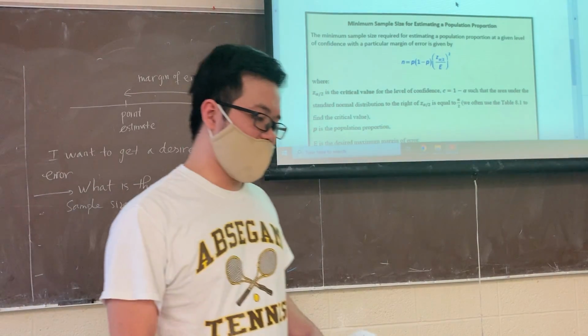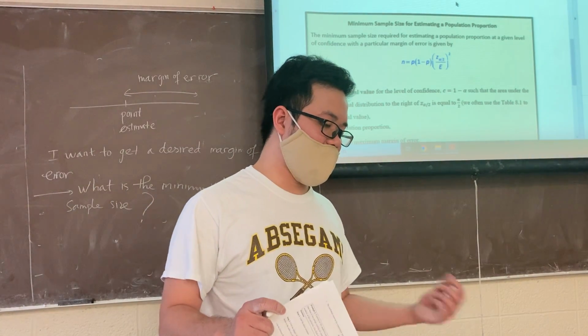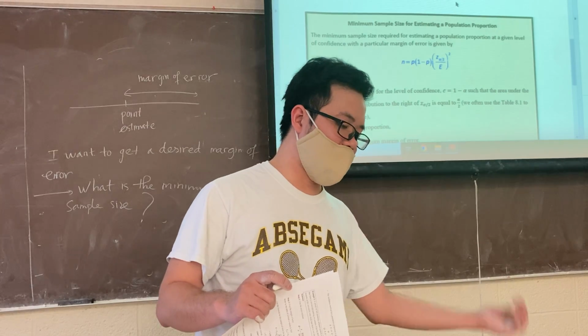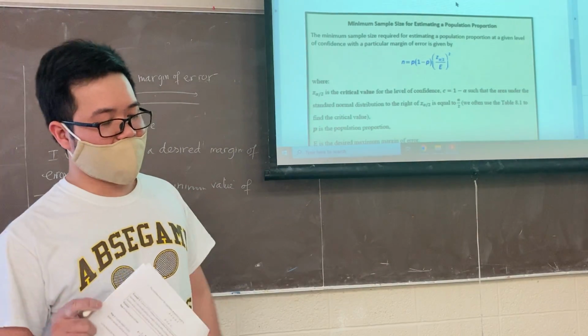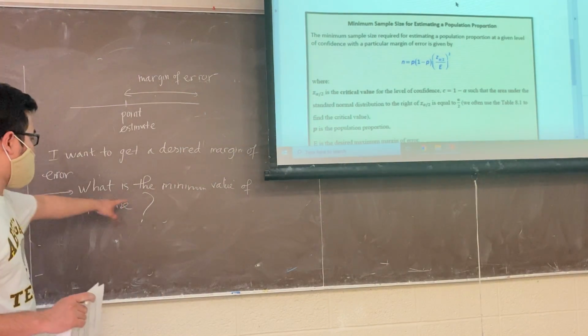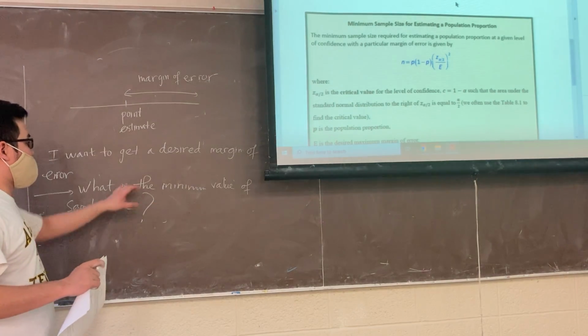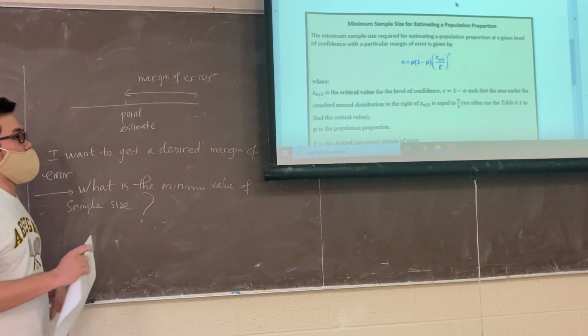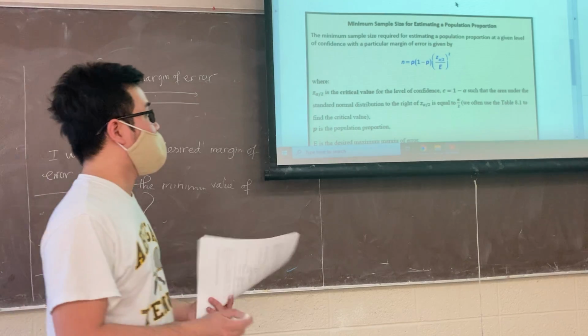How many students do I need to survey, how many people do I need to investigate, something like that. That is the minimum value of sample size to get a desired margin of error. That is the question.